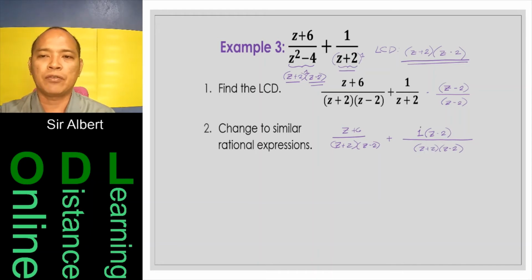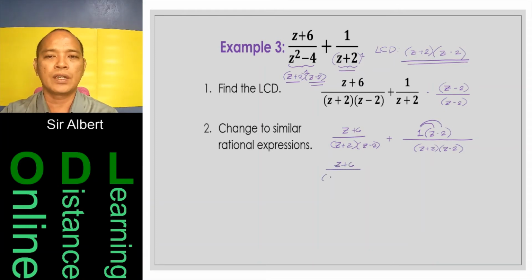By distributive property, 1 times z and 1 times negative 2, then we would have z plus 6 all over z plus 2 times z minus 2 plus 1 times z is z, 1 times negative 2 is negative 2 all over z plus 2 times z minus 2.